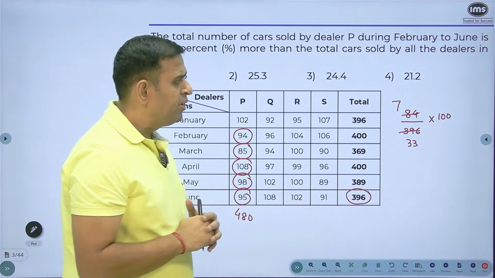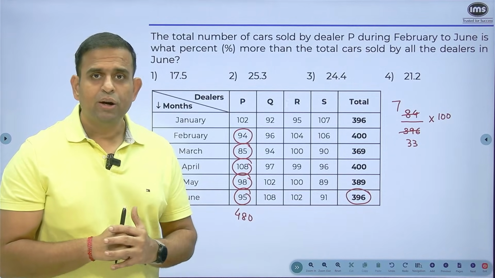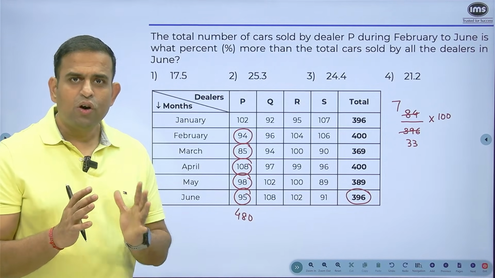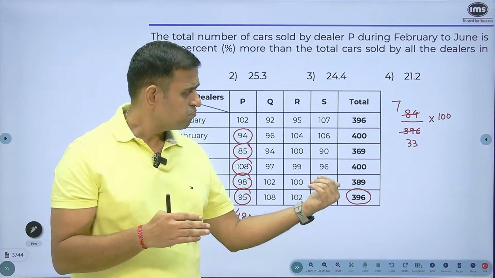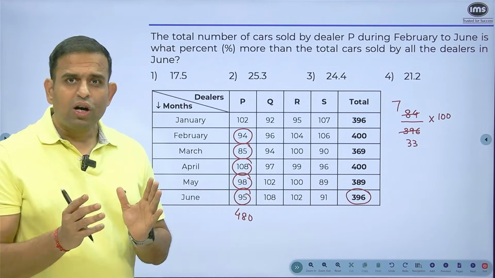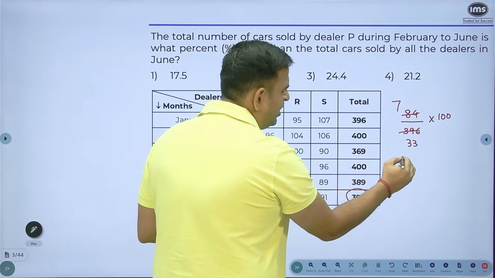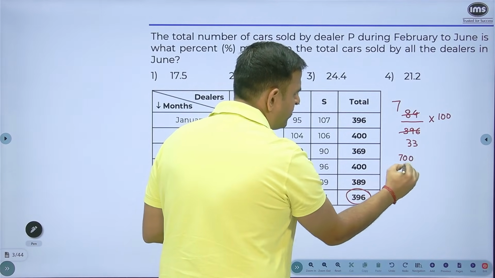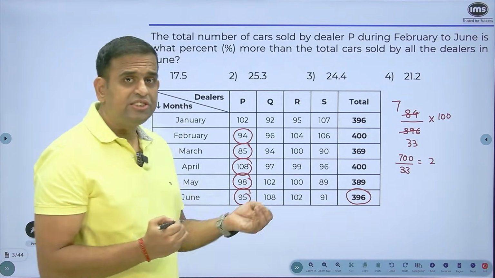The question becomes: we are supposed to find 7 upon 33 in terms of percentage. 33 is basically 3 into 11, so I can do a normal division here. This is going to be 700 divided by 33. 2 times will give you 66.